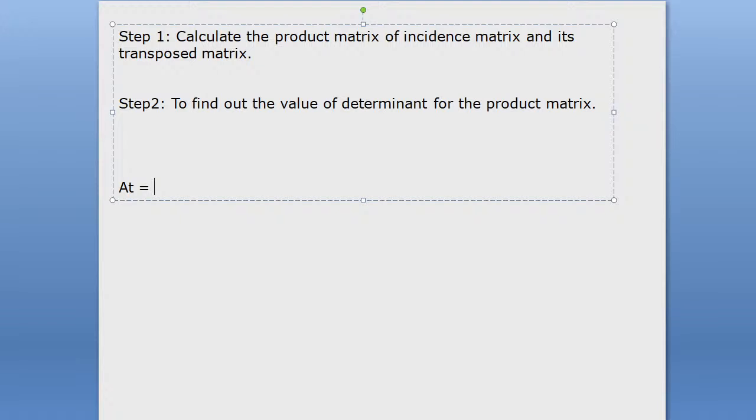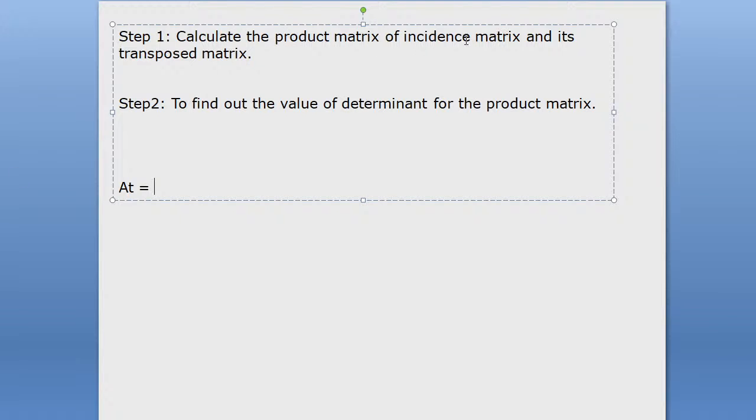Transpose the matrix. Then, for the reduced incident matrix, you will just reduce one row first.